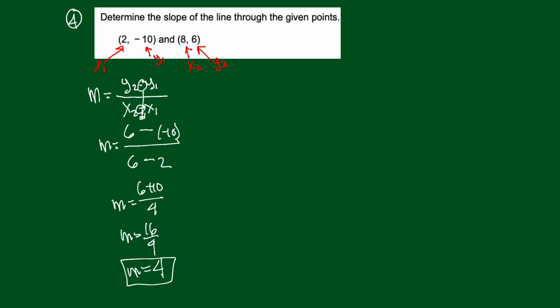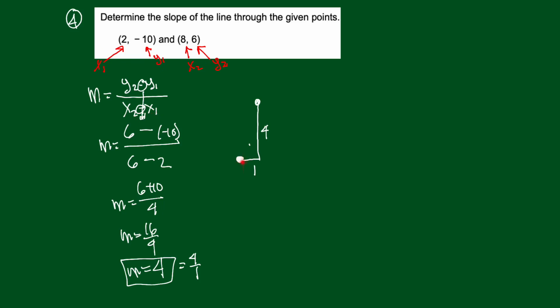Now, just so we know what it means, if you imagine you're on this line, here are 2 points, pass a line through them. If you're anywhere on that line, say that point is on the line, and you start at that point and increase by 1, this is really 4 over 1, to get back to the line, you would have to go up 4. Does that make sense? Look at the bottom number. I always like the bottom number first. That tells you how to change the horizontal.